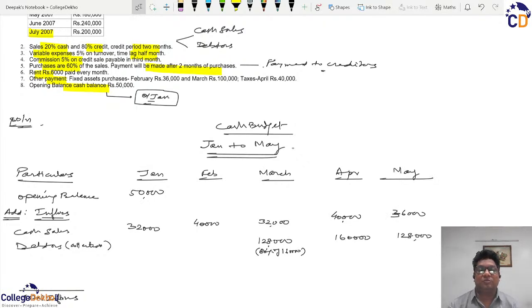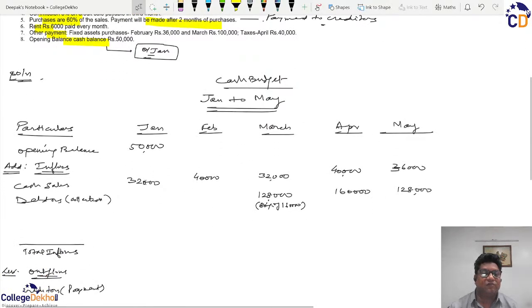That is not a part of the budget period, so ignored. So we have these 5 columns filled with the cash sales and 3 columns filled, March, April and May, that correspond to the credit sales of January, February and March.